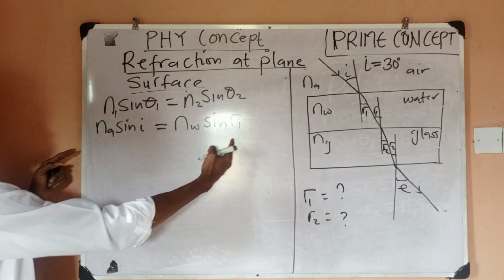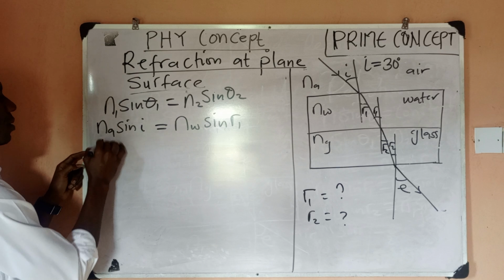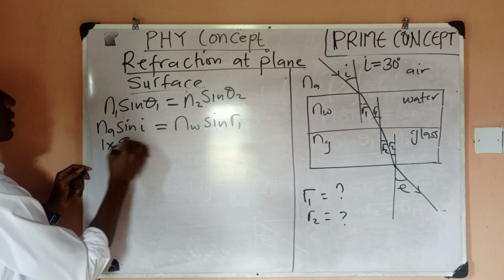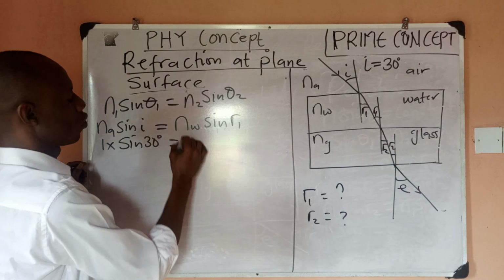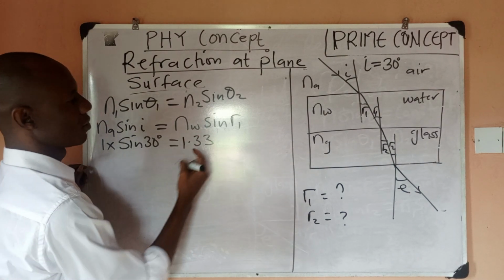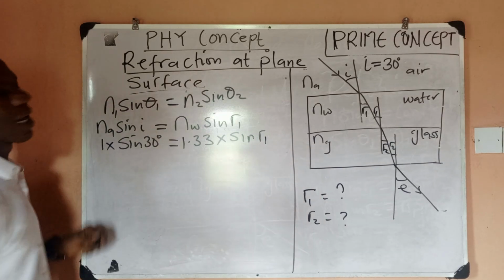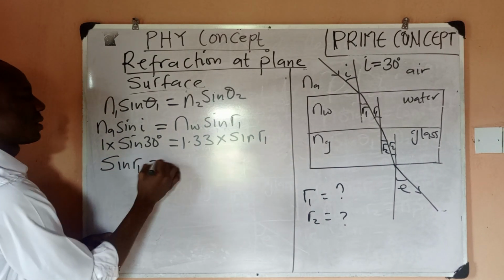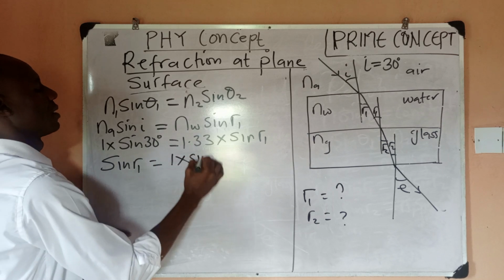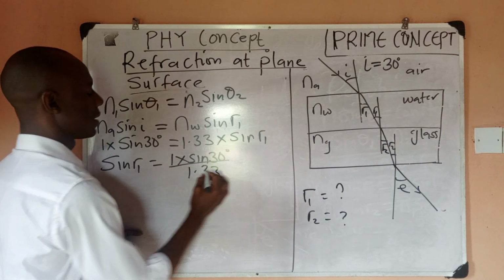If I substitute these values, N air is 1, which was given, times sine 30 degrees, equals N water, 1.33, which was also given, times sine R1. We're trying to find R1, so I'm going to make that the subject. So sine R1 equals 1 times sine 30 degrees divided by 1.33.